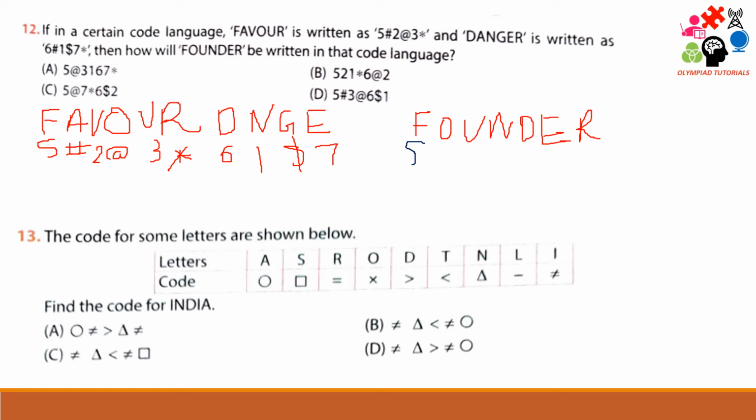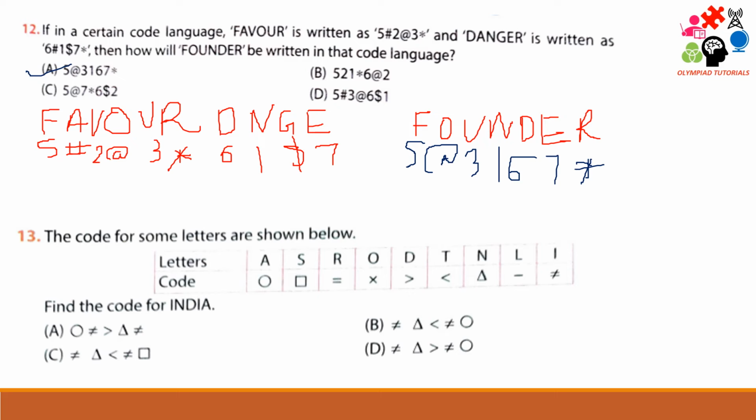F is 5, O is @, U is 3, N is 1, D is 6, E is 7 and R is star. So here if you see all the options, option number A is going to be correct. 5@3167*. This is your correct answer.